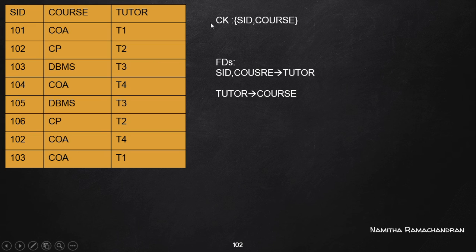So this given relation is in third normal form, because all the attributes are atomic, and using this dependency it is clear that there exists no partial dependency, because SID and course are the prime attributes. There exists no partial dependency of any non-prime attribute on the prime attributes.